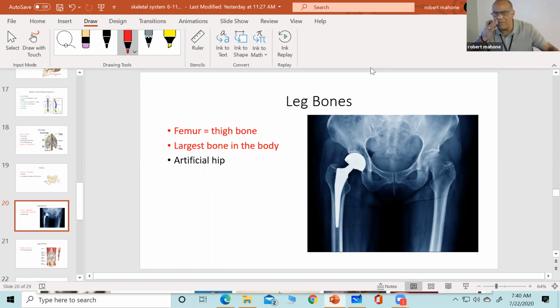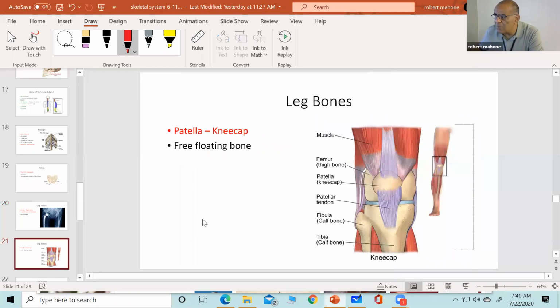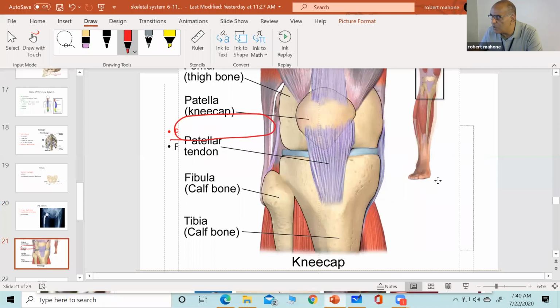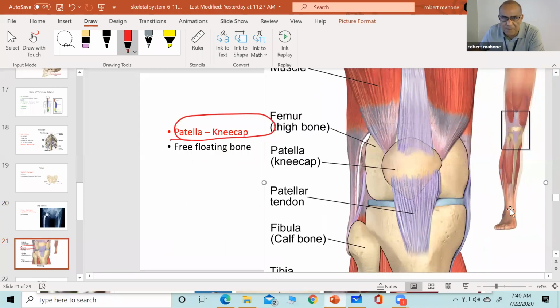Okay, all right. Anyway, so those are the 2 things you need to know about the femur bone. The next bone we're going to talk about is the kneecap, known as the patella. Now, the kneecap is free floating. What that means is that it doesn't form a joint with any other bones.